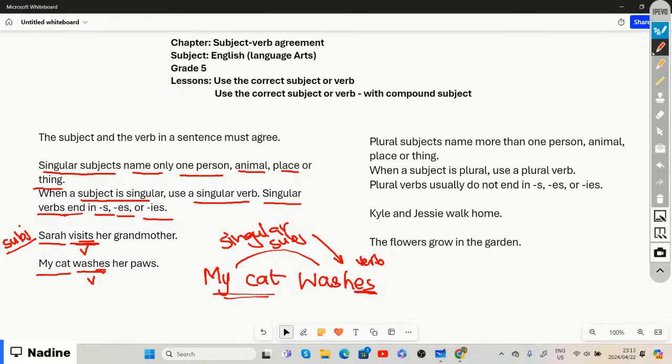But if we have a plural subject, let's say like here with Kyle and Jesse, it refers to two people, then we only say they walk home. So we don't add an s, an es, or an ies.